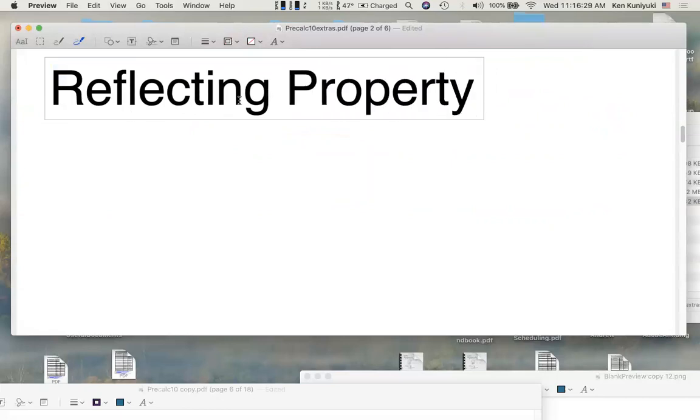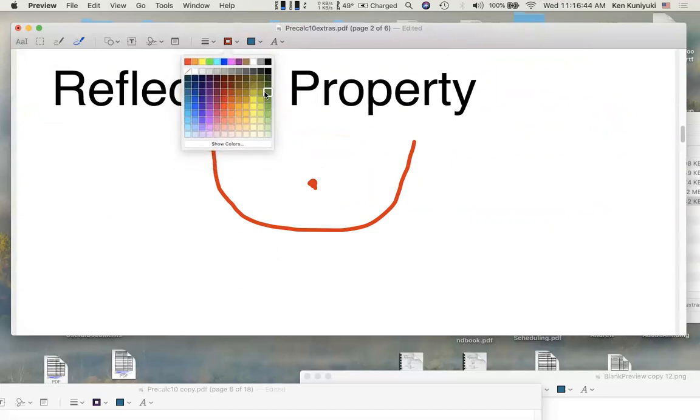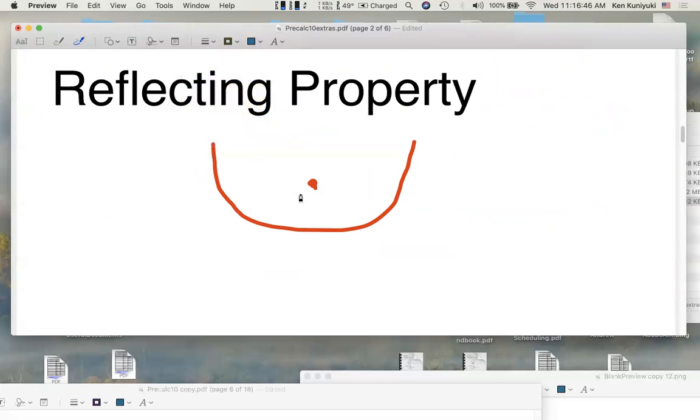What is the reflecting property of a parabola? So consider this parabola. It has a fixed point called the focus, and here's the reflecting property. Let's say that light rays emanate from the focus. Here's a focus F. Let's say that light rays emanate from the focus, like so.